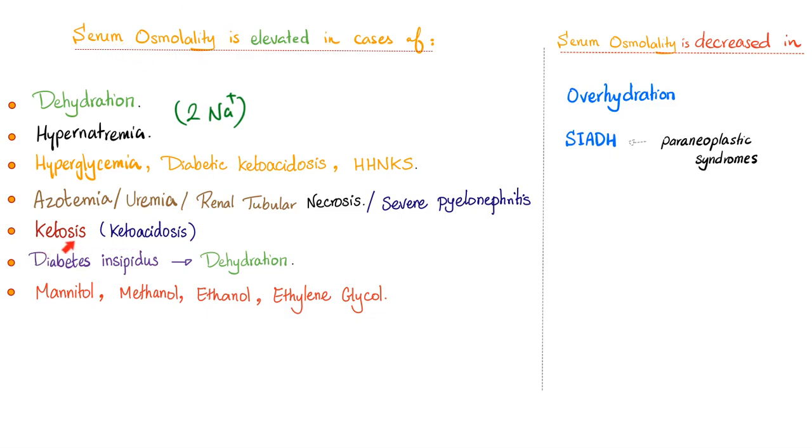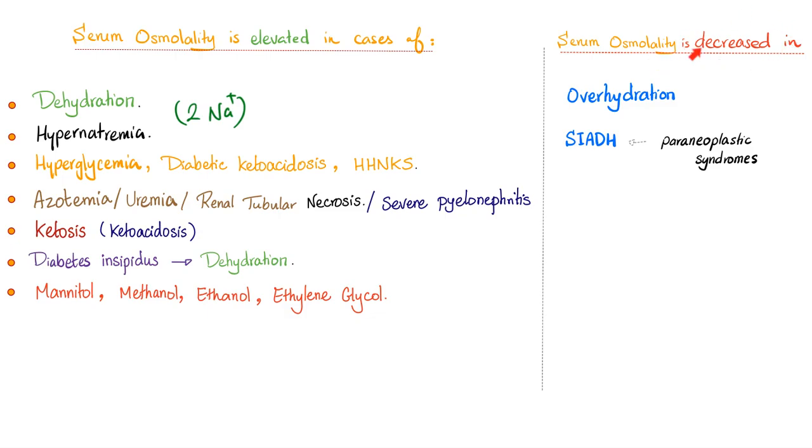Ketosis or ketoacidosis. What are those keto acids? You have the acetoacetate, beta-hydroxybutyrate, and acetone. All of these are osmoles that can raise your osmolality. Diabetes insipidus. Why? Because it leads to dehydration, and therefore your plasma is more concentrated. Mannitol, methanol, ethanol, ethylene glycol.